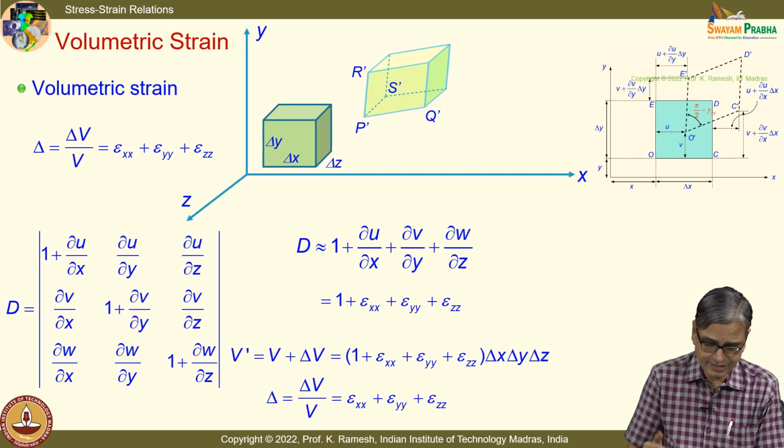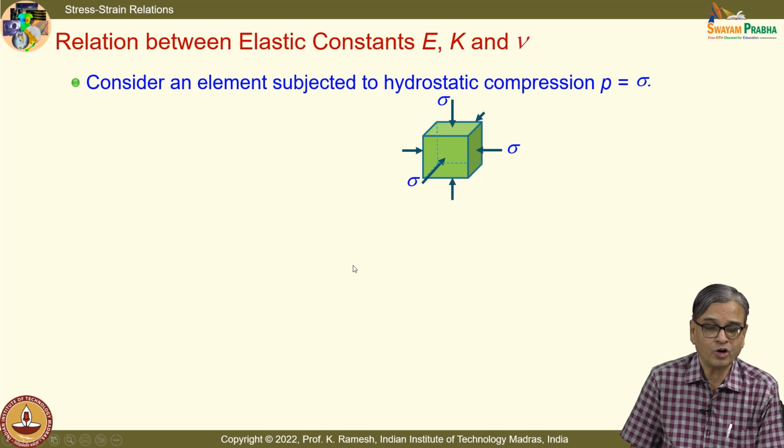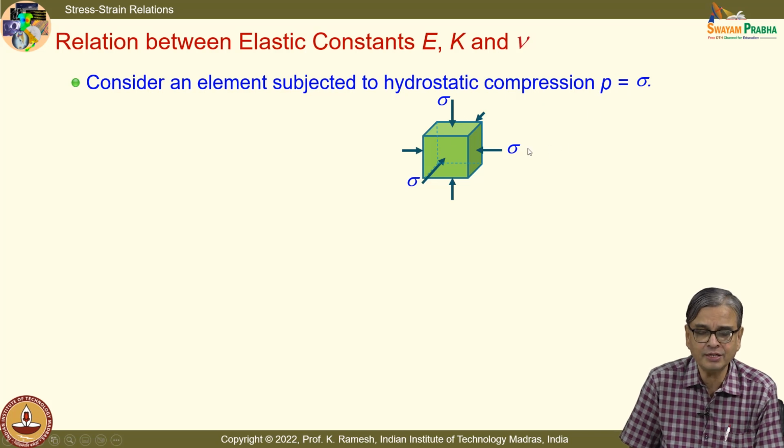Now, we will go and see one more elastic constant, what we call the bulk modulus. And here you take an element which is subject to a compression. The pressure is P, since the direction is already shown, only the value is shown as sigma.